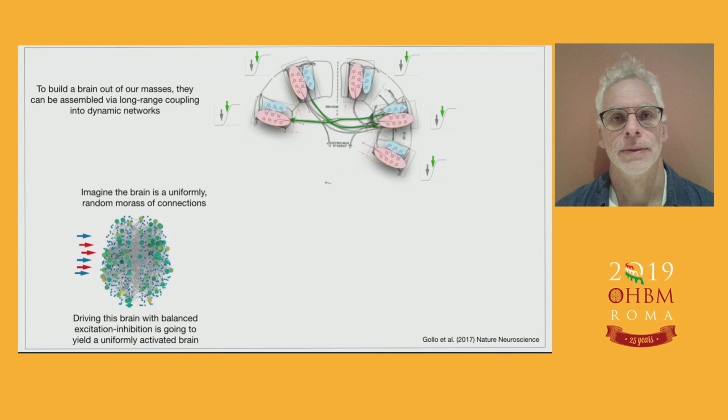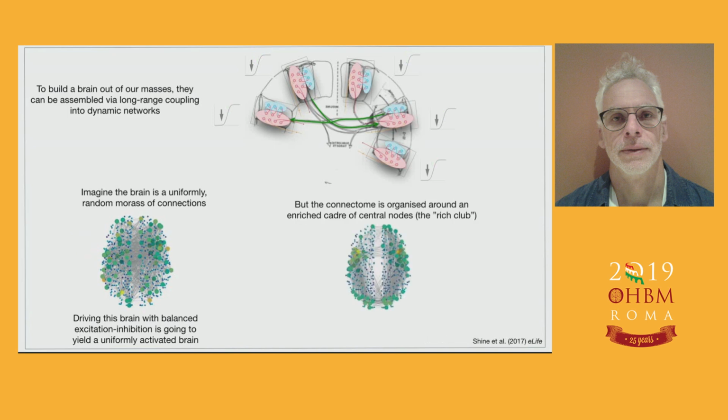But we know that the connectome isn't random. It's organised around this enriched club of central nodes called the rich club. So if I just now drive the brain in this state, these highly connected rich nodes are the first to go up here because they're getting input from a lot of other areas. So they're the first to see the gain function, and because they're highly interconnected amongst themselves, and Mac may come back to this, you see an increase in integration.